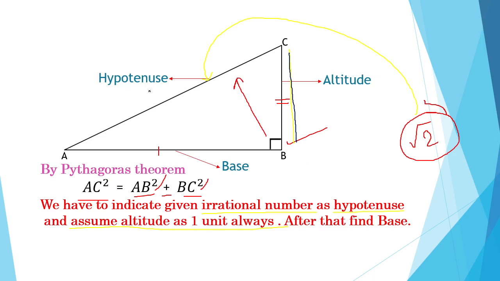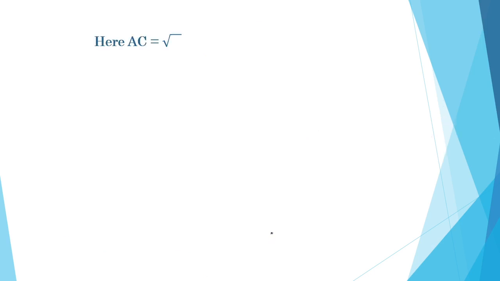And this one is hypotenuse, so we have to take this irrational number. Then we have to find out this base. Let us assume here AC equal to root 2 and BC equal to 1. Catch my point?